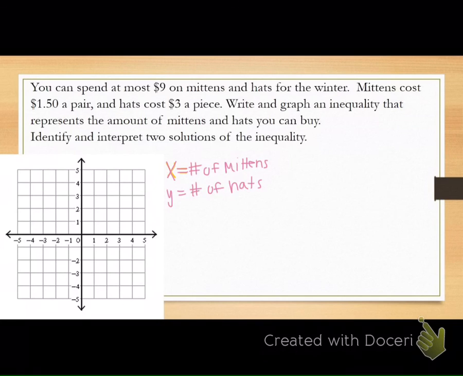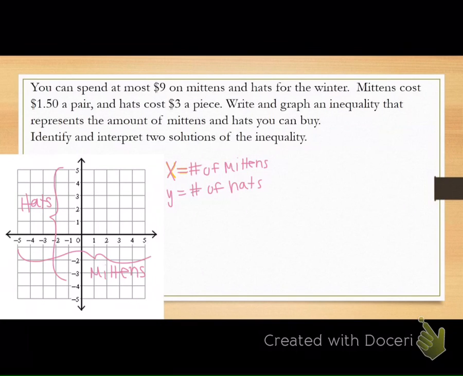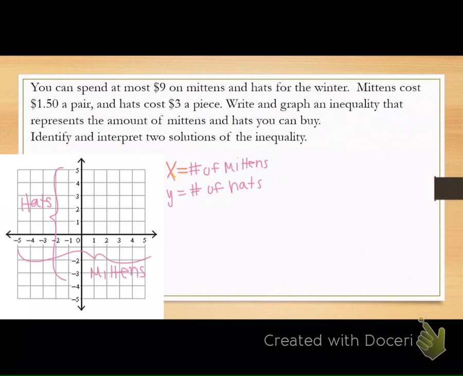So I'm going to label that on my x and y axis here. So this is mittens, and this is hats, just so I know x and y here. So mittens cost $1.50. So we would say $1.50 times what variable?